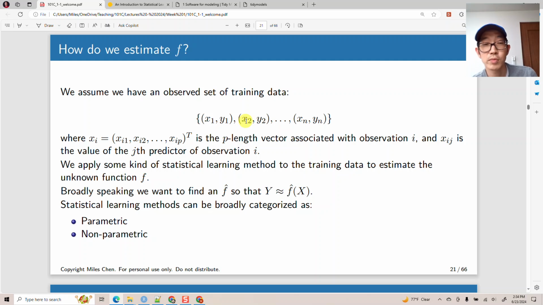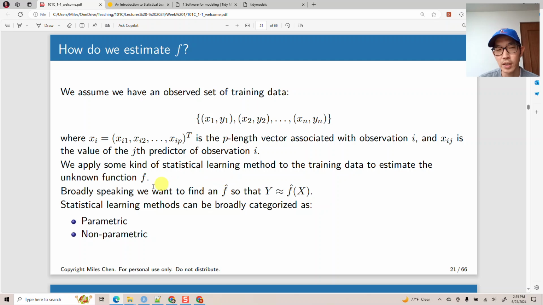What we want to do is apply some kind of statistical learning method to this data. We call this the training data because we're going to use it to train our model and figure out some kind of function f hat that we're going to then use.